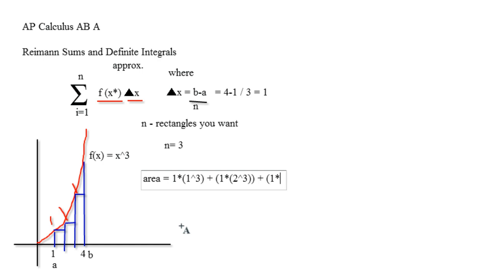If I keep saying triangle, I apologize, you guys, I'm just making mistakes with my rectangles and triangles. So this is basically 1 plus 8 plus 27, which actually gives us 36 units.